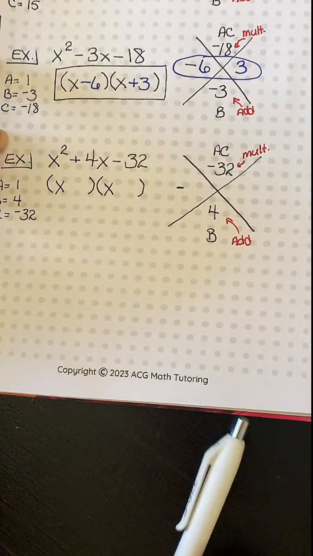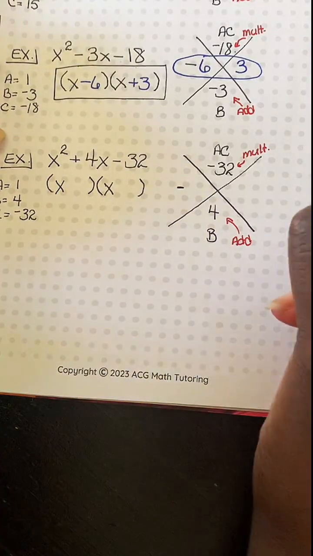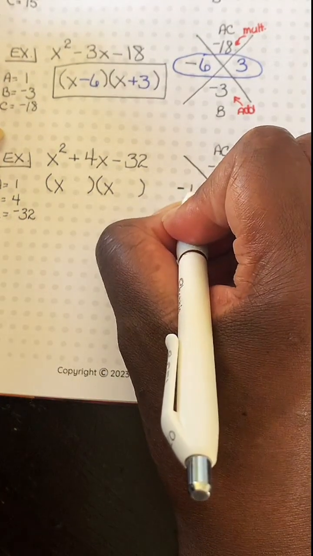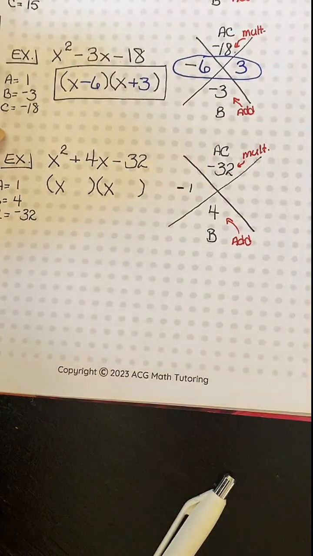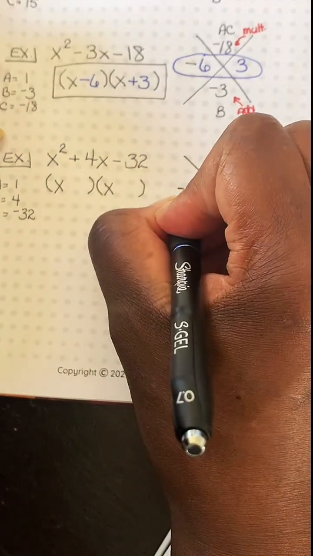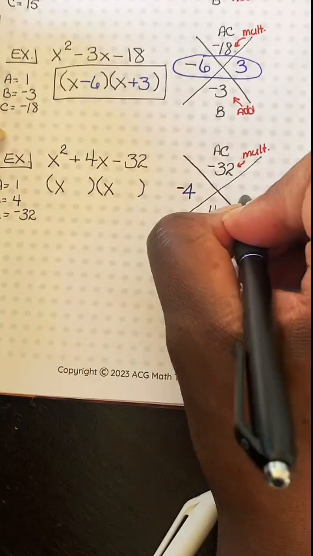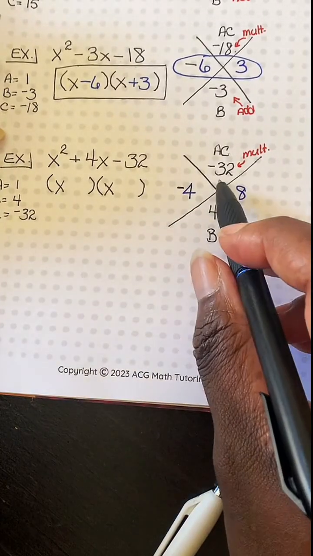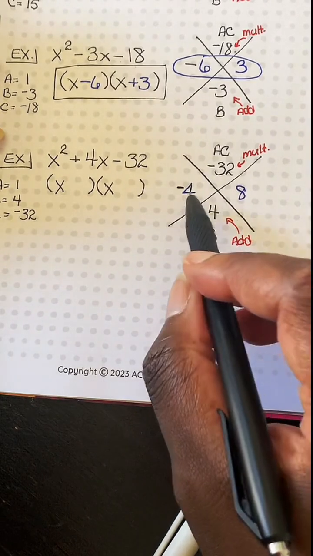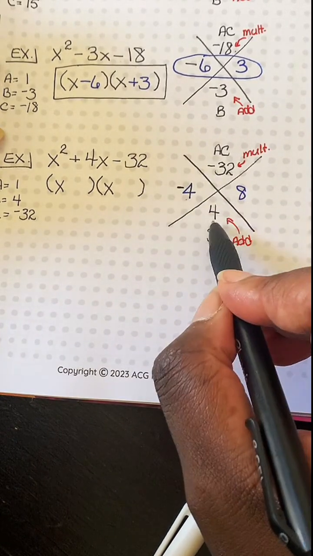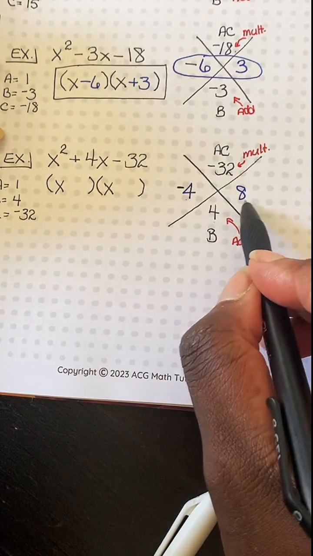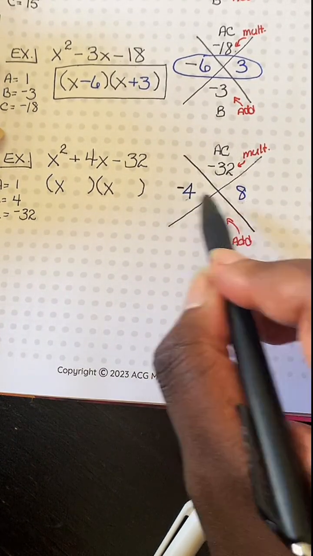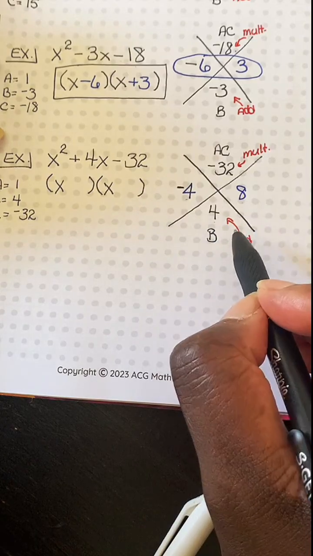A lot of you guys were saying 8 and negative 4. Negative 4 is the lowest, and then a positive 8. Because negative 4 times 8 gives me negative 32. Negative 4 plus 8 gives me a positive 4. So if I had $8 and I spent 4, I still have $4 in my pocket.